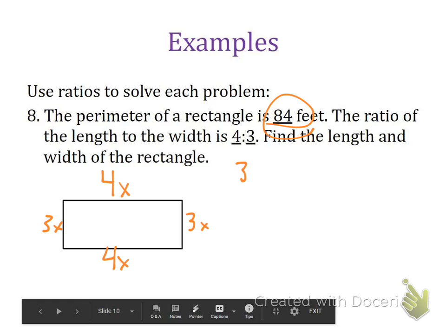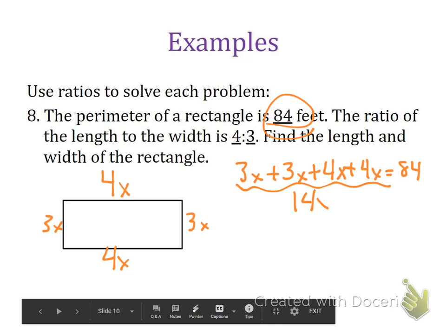So 3x plus 3x plus 7x plus 7x equals 80. All of this combined would be 20x equals 80. Divide both sides by 20. X equals 4.